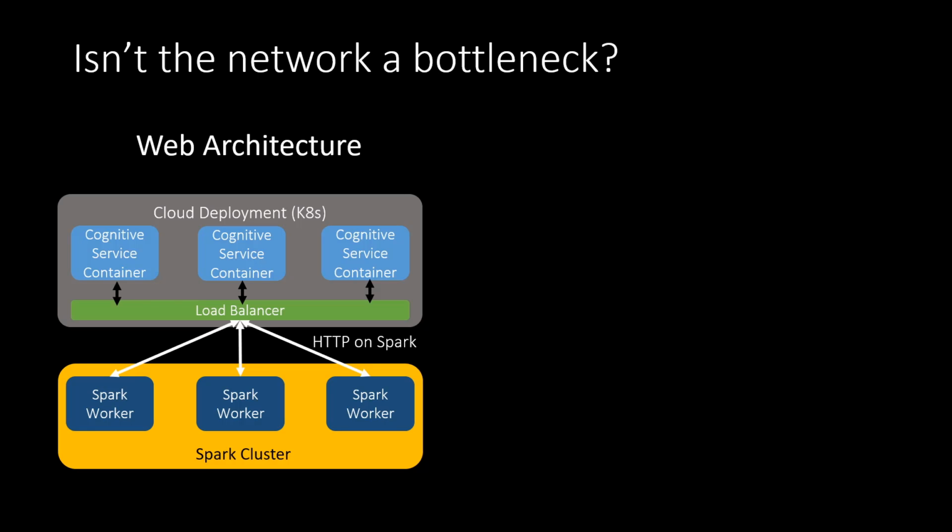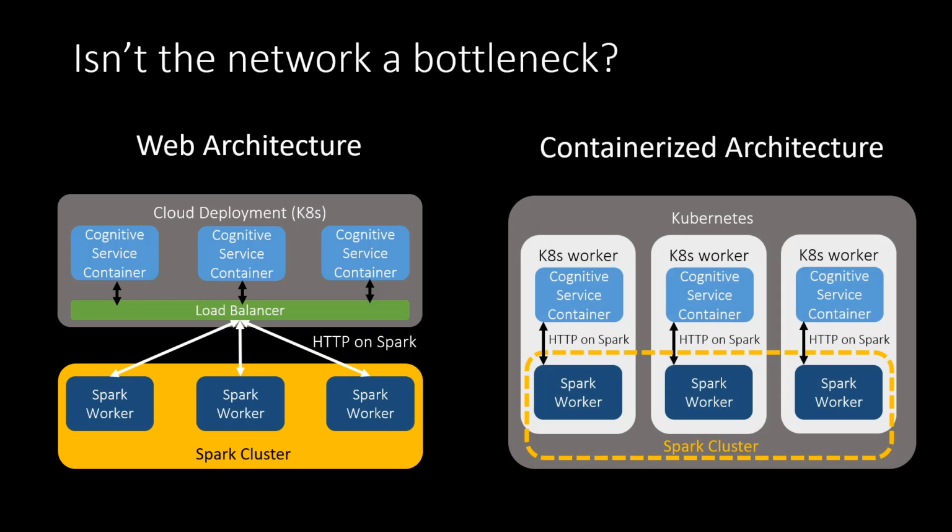more optimal solution. And so for this, in addition to our web Spark-based architecture, we also have a containerized architecture that takes all of these cognitive services, puts them in containers, and allows you to put these containers directly next to the Spark workers using a container orchestration system like Kubernetes.